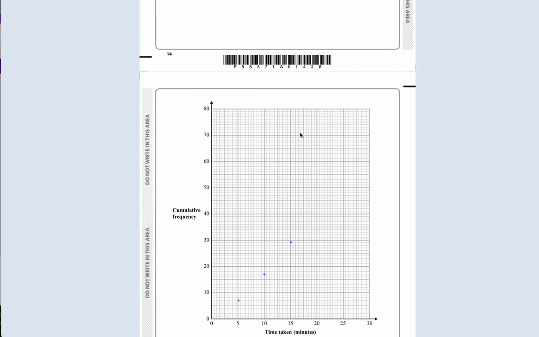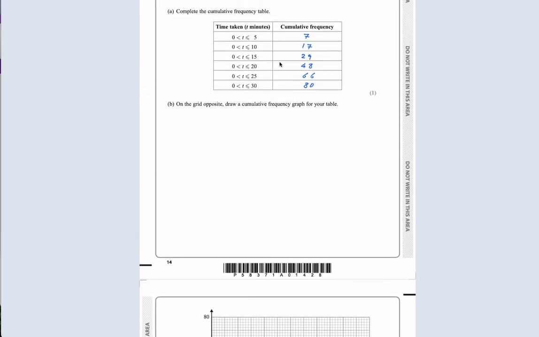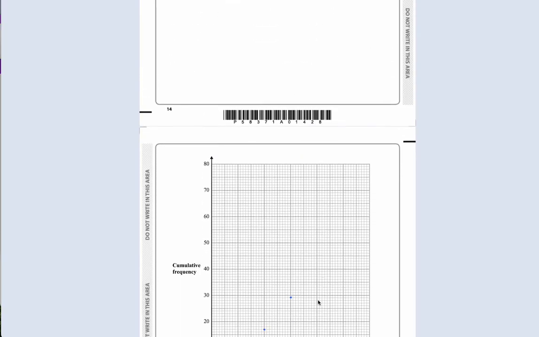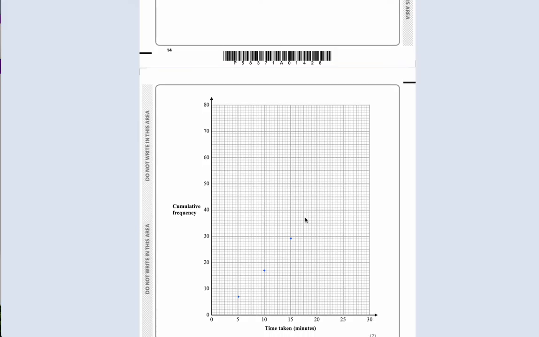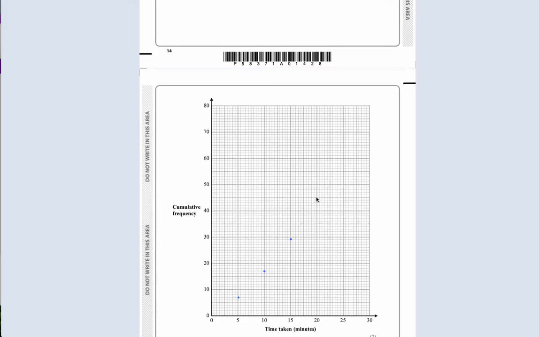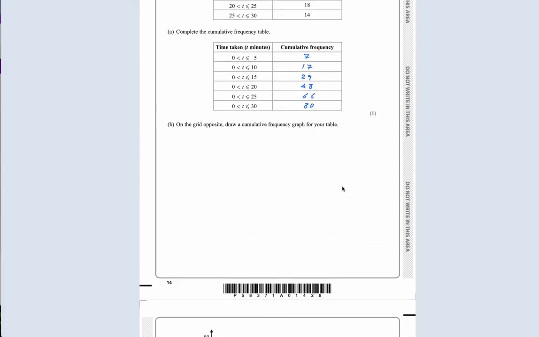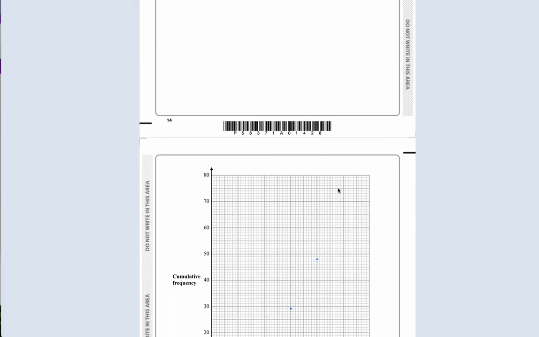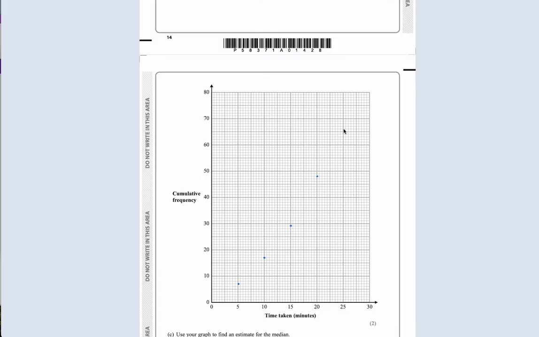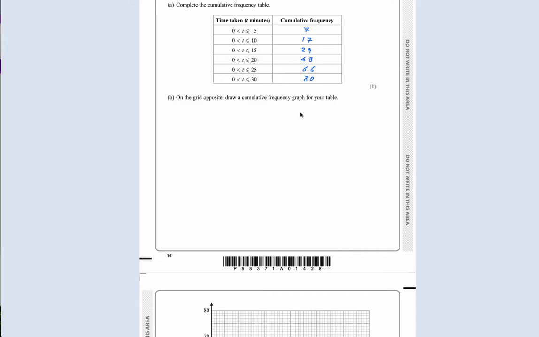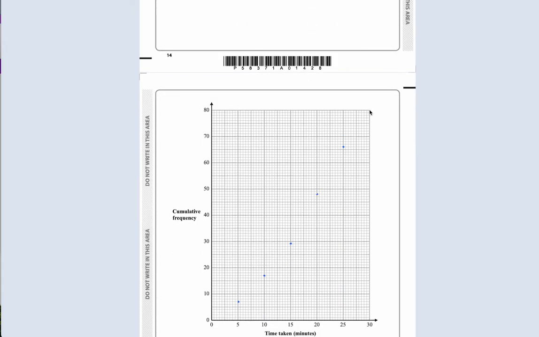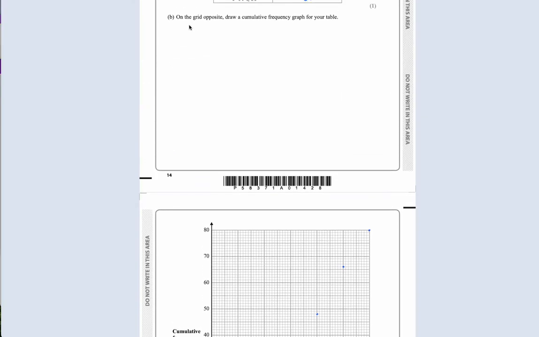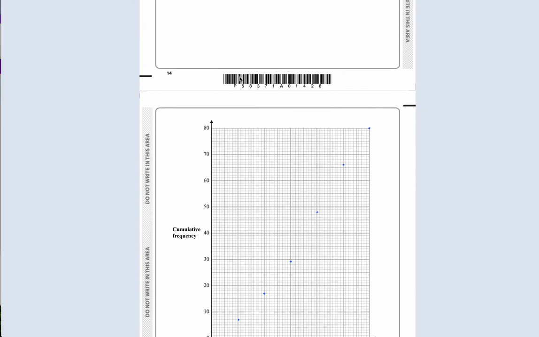These small boxes are in ones, so it shouldn't be a problem. 20, 48. 45, 46, 47, 48. 25, 66. And then 30 is 80 here. And then it says draw the cumulative frequency graph.